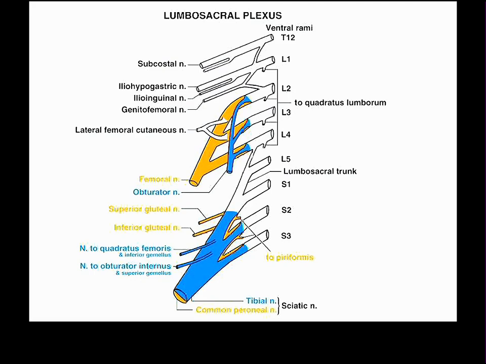That little thing, which I hope you saw in dissection, is a small branch of the L4 ventral ramus, which joins the L5 ventral ramus. And when that small branch of L4 joins L5, it forms something called the lumbosacral trunk. I know you saw the lumbosacral trunk in dissection. You may not have seen the branch of L4 that joins L5 to make it, but that's why this is called the lumbosacral trunk, because it's not just L5, it's got a little bit of L4 in it.